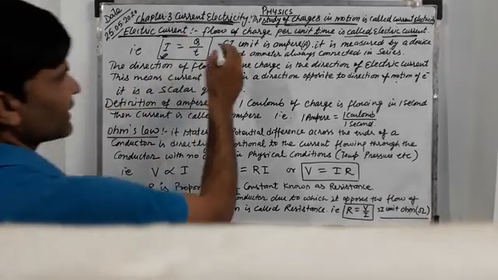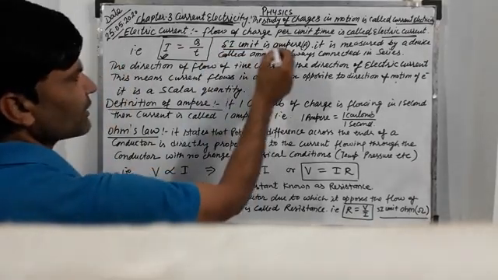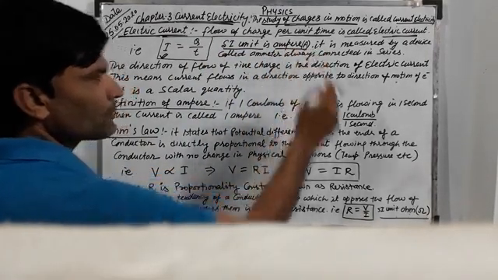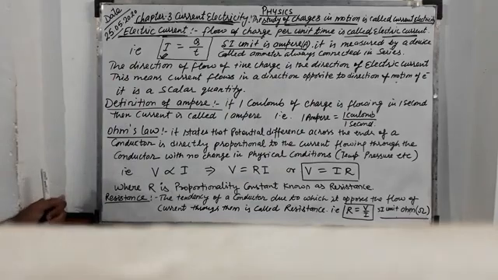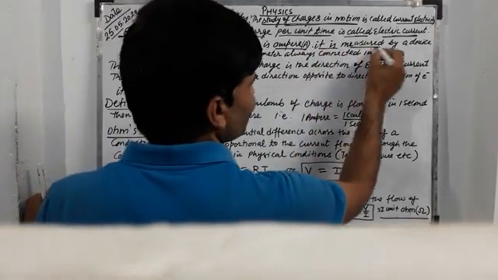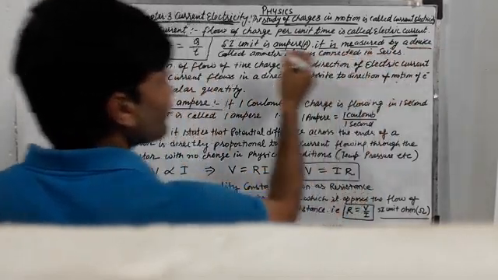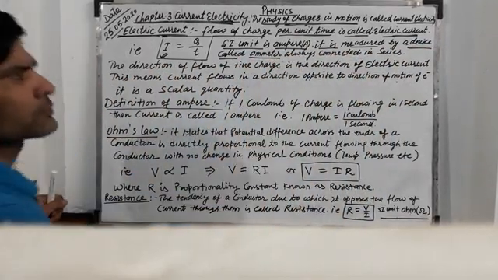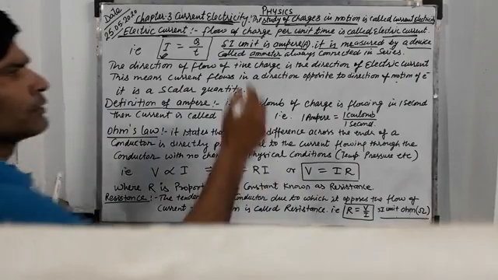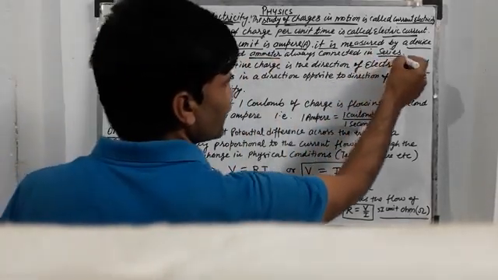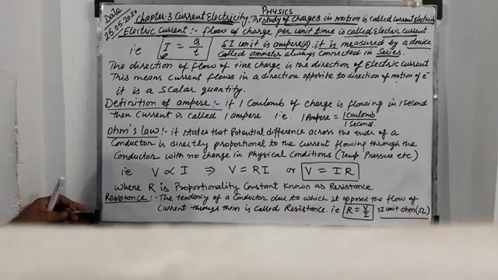The SI unit of current is ampere, denoted by capital A. It is also a fundamental unit. Current is measured by a device called an ammeter. Ammeter is always connected in series.